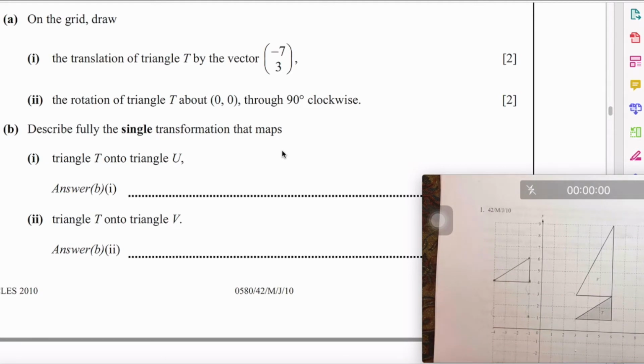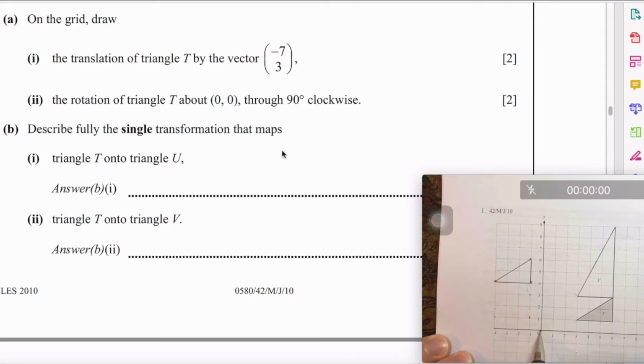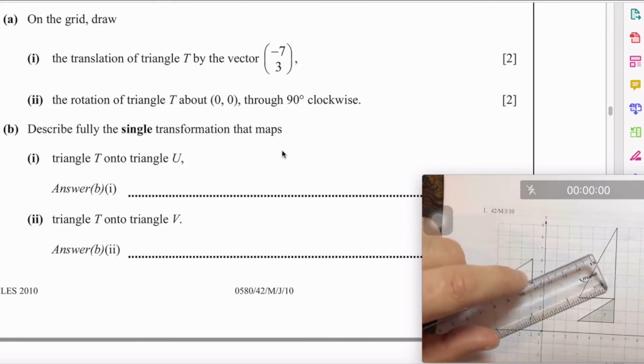Next one, it says the rotation of triangle T about (0, 0). So it means that the center of rotation is (0, 0), through 90 degrees clockwise. So now I would like you to completely pay attention to the steps I take. The image of triangle T must be constructed.